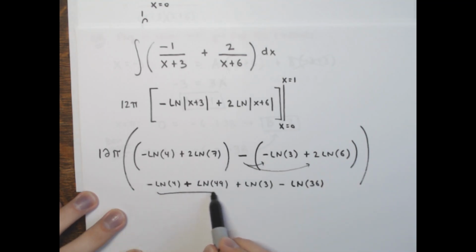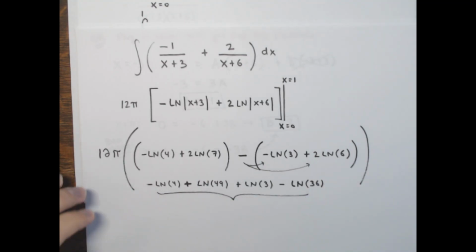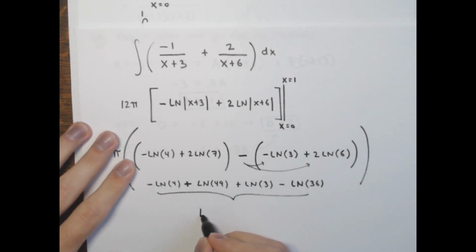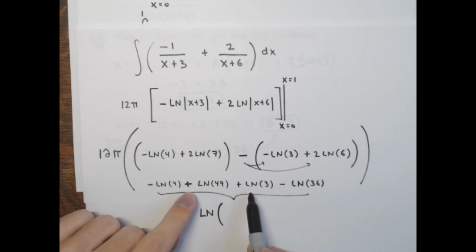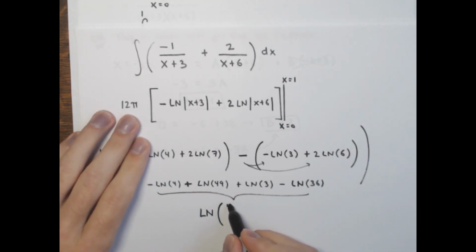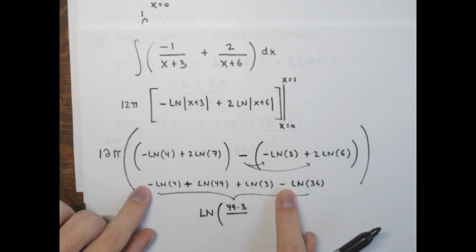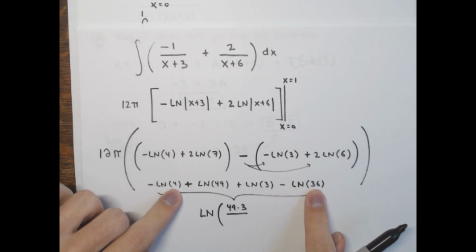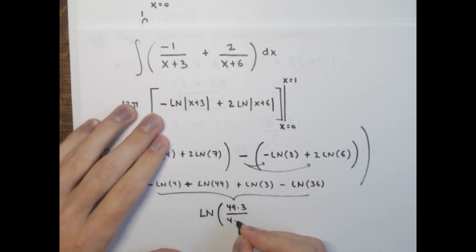And then if I put all these together using my properties of logs, we'd have a log of, now the stuff with the positive coefficients would be multiplied in the numerator, 49 times 3. And the stuff with the minuses, you'd have that product in the denominator, 4 times 36.